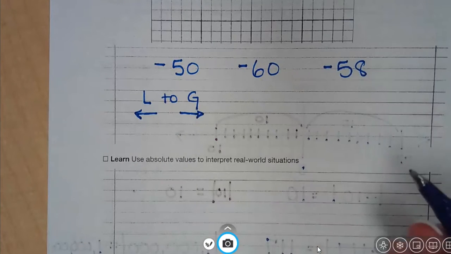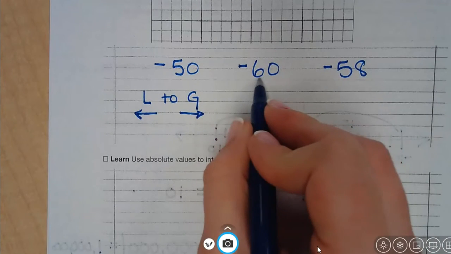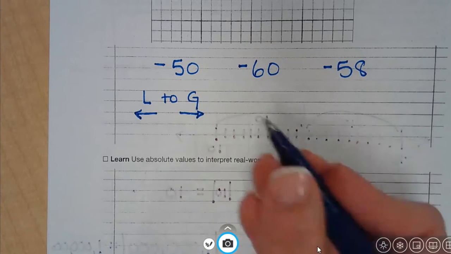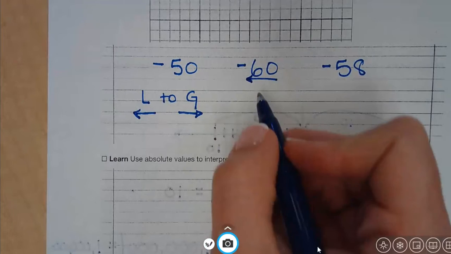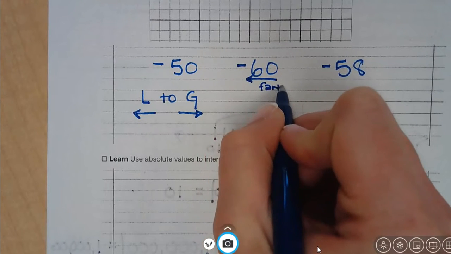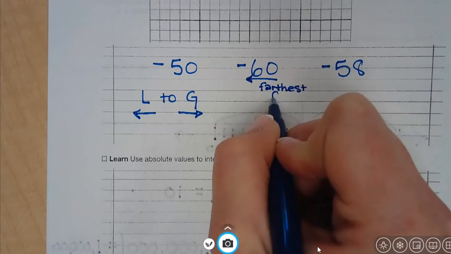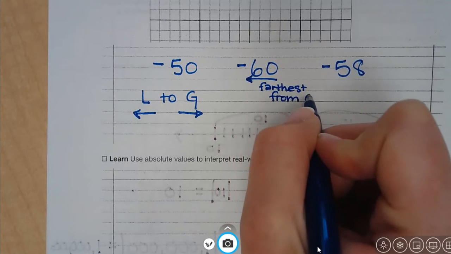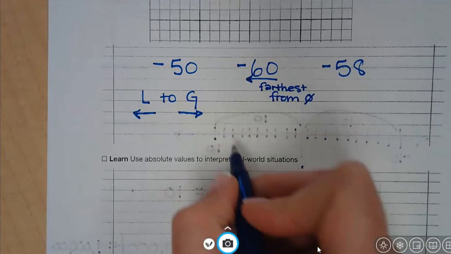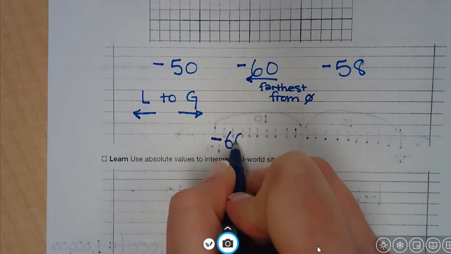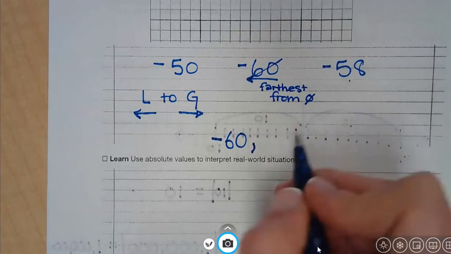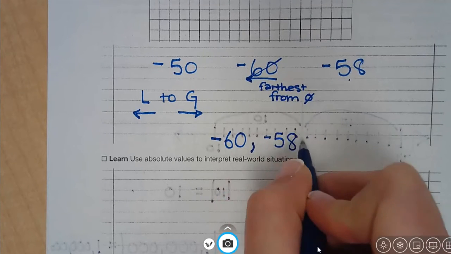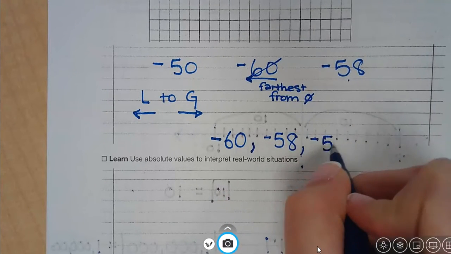So the one that is typically thought of as a positive number that's greatest is actually going to be furthest to the left, because it would be the farthest from 0. So if I'm going to order these from least to greatest, I would order this as negative 60 is the least, and then negative 58, and then negative 50.